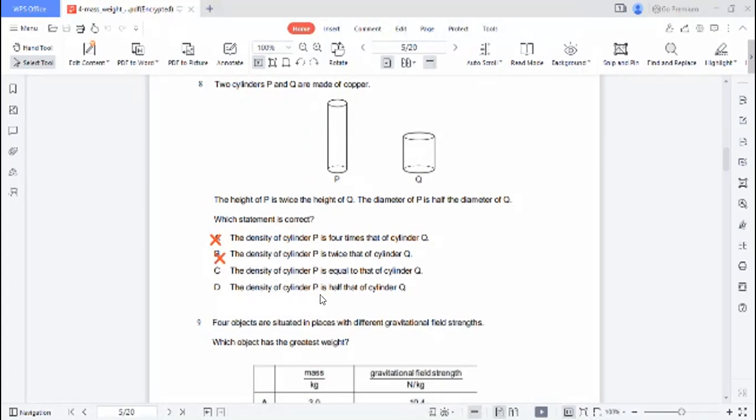The density of cylinder P is half, incorrect. The density of cylinder P is equal to the density of Q, yes. So the trick is that when a material is same, the density would remain same. Whether you increase size, decrease size, increase volume, decrease volume, it makes no difference. Its density will always remain same.